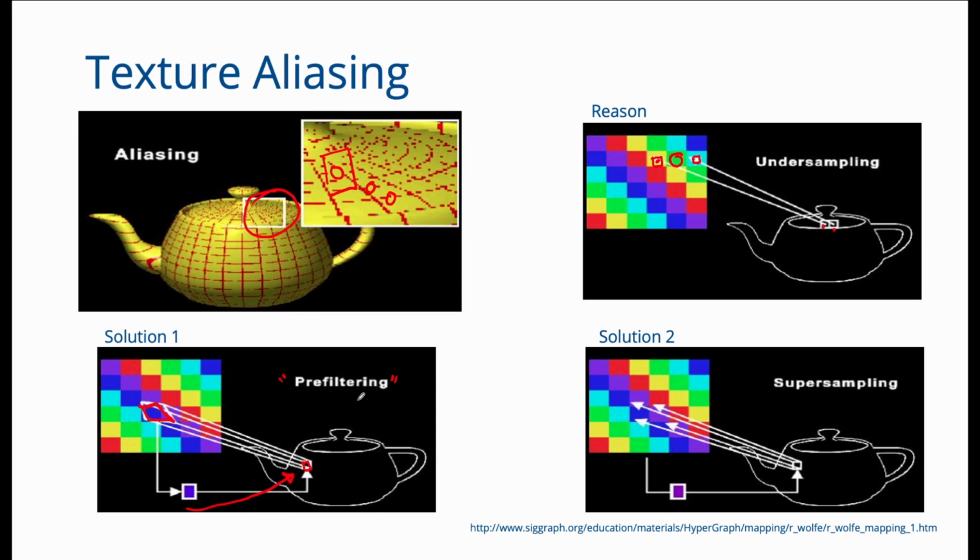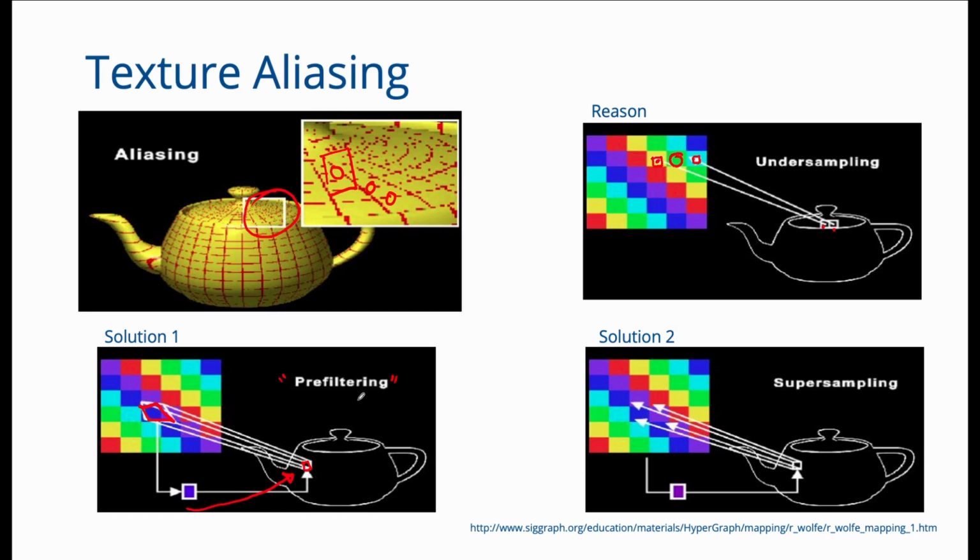We average those 4 neighboring pixels, get an average color and apply it to the pixel in the scene. So in some sense, instead of one texture sample corresponding to a pixel, we have multiple texture samples corresponding to a pixel. This process is called super sampling.